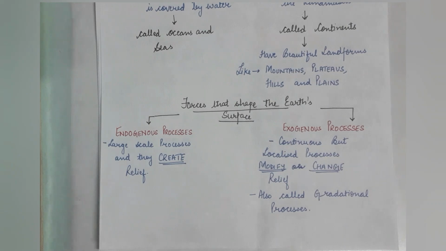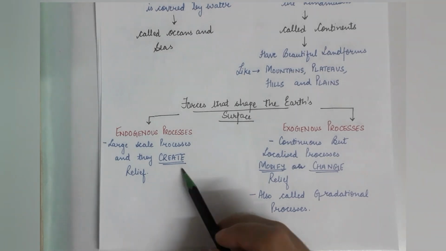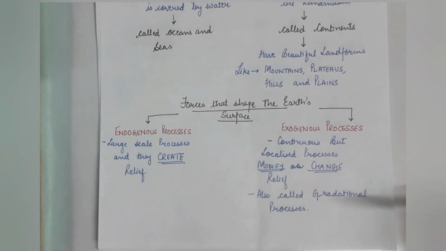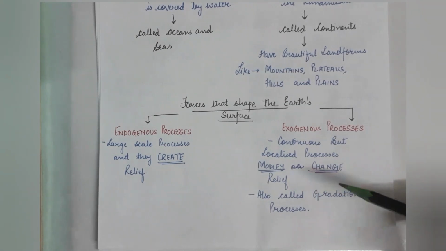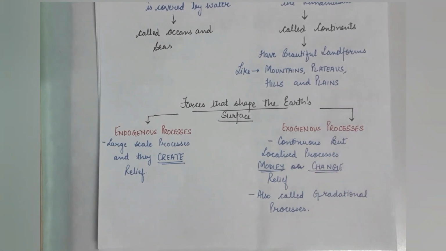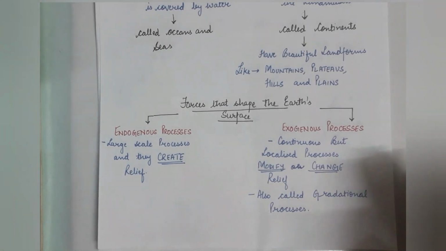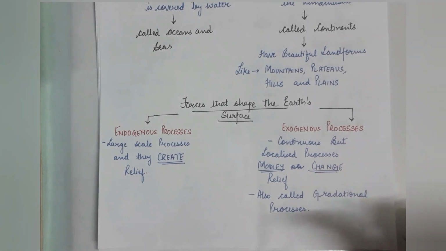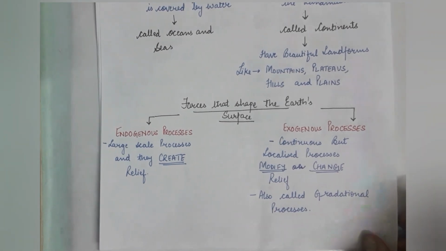These are large scale processes, and they create the relief features. On the other hand, exogenous processes are continuous and also localized processes. Although they are continuous, they are localized, so they can only modify or change the relief features, they can't create them. They are also known as gradational processes.